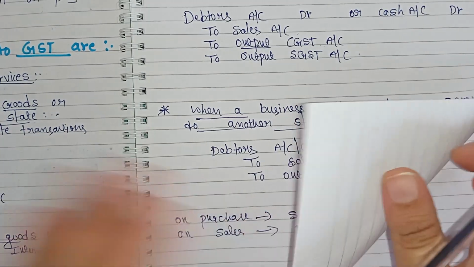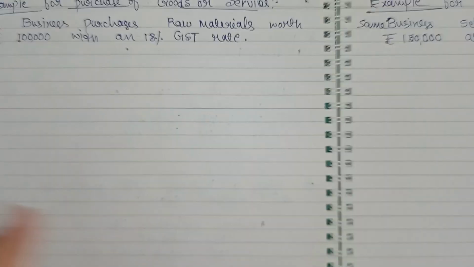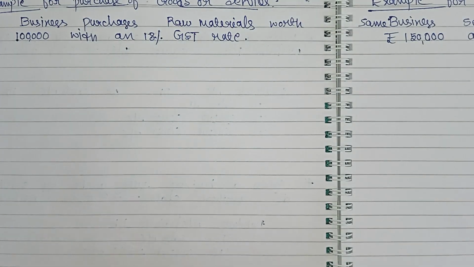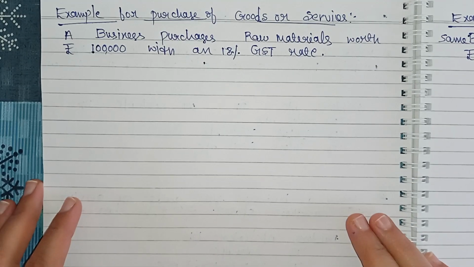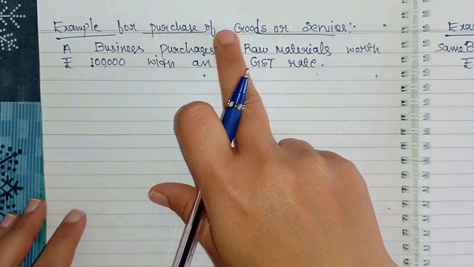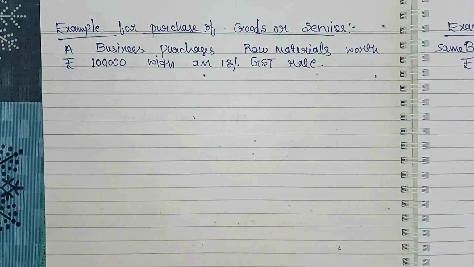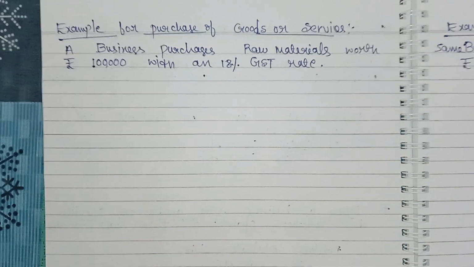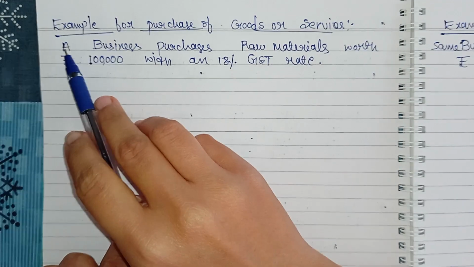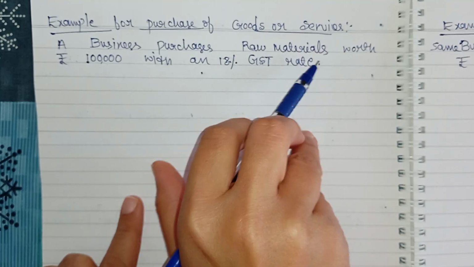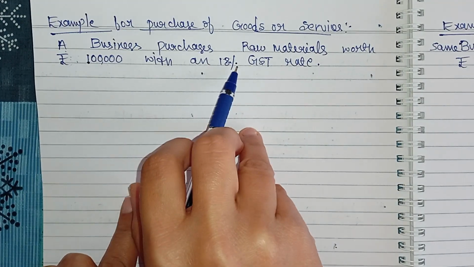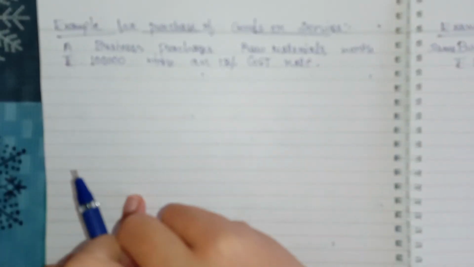Okay, so here I will explain purchase and sales through one example. First, the example for purchase of goods or services. A business purchases raw materials worth rupees 1 lakh with an 18% GST rate.